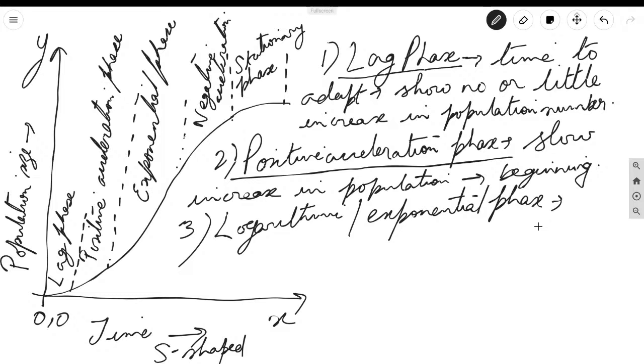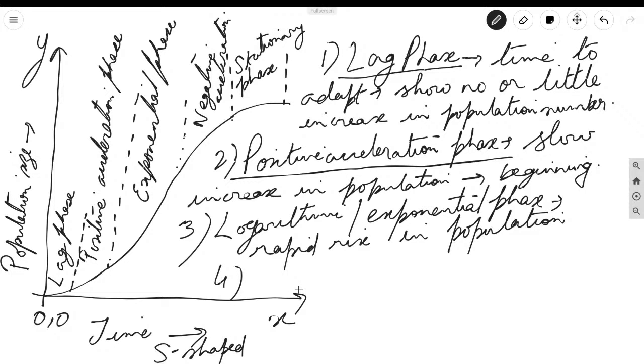You will be devouring all the available food and nutrients, vitamins, minerals, water, right? And then you will be able to proliferate and take your species number to a great spike. There will be a spike in the species number, that is known as rapid rise in population due to rapid use of resources. And rapid increase will happen. You will be able to see rapid increase in the number of cells.